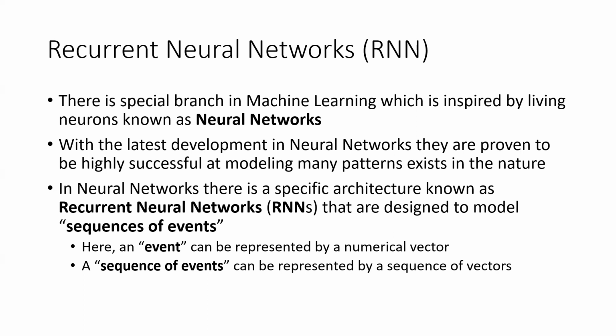We don't have to think too much about how deep neural networks are organized and how they learn, but what we need to know is how neural networks are helping natural language processing. When it comes to deep neural networks, we are first going to look at a specific form known as recurrent neural networks.